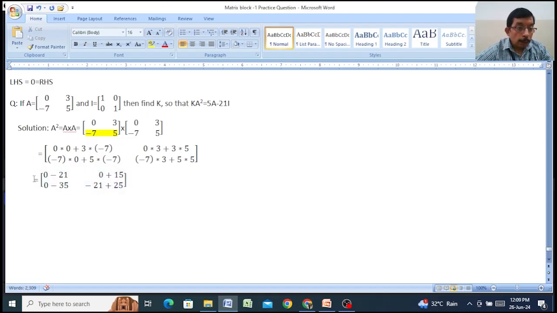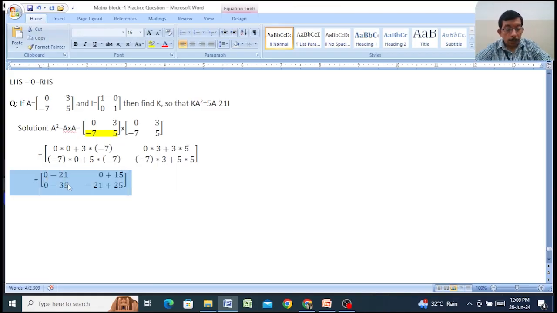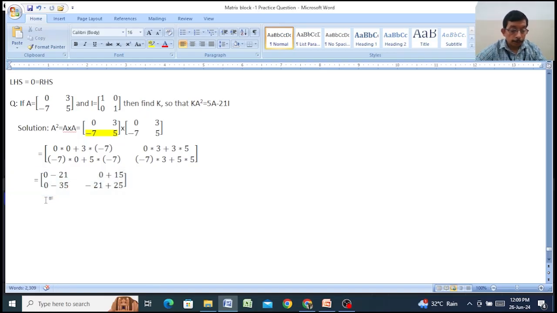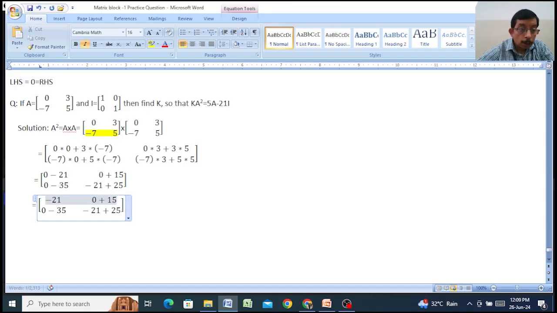Now simplify, then find the value of A square. Zero minus 21, the result is minus 21. Note down the same position. 0 plus 15, the result is 15. Note down the same position. 0 plus minus 35, note down minus 35 in the same position.